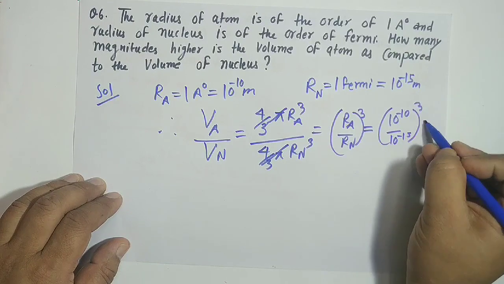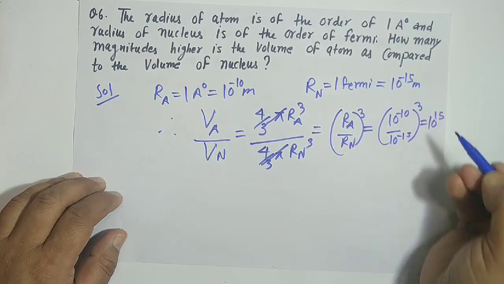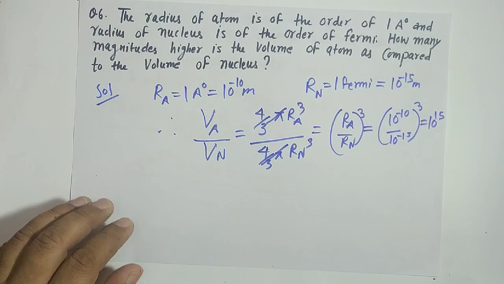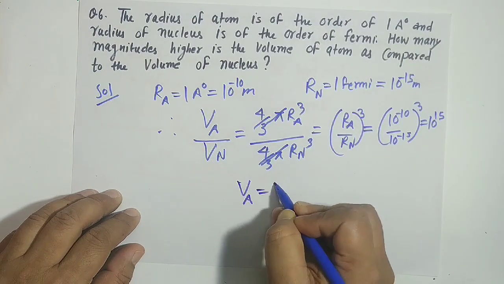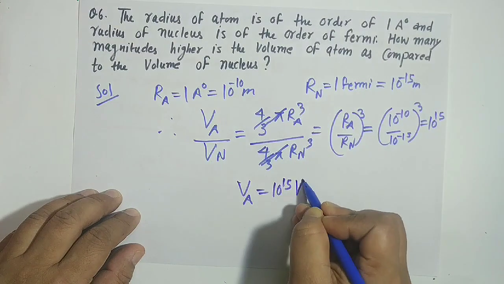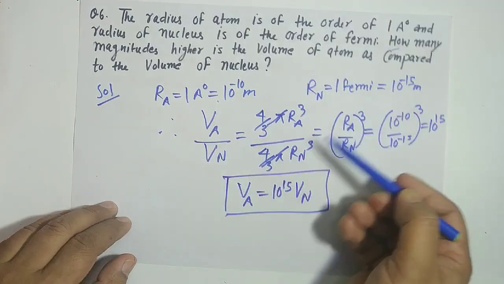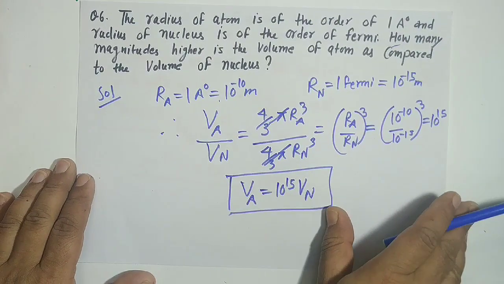Solve it out. It comes 10 to the power 15. So volume of atom is 10 to the power 15 times the volume of nucleus. Very easy. Given the radius, we compare their volumes. So this is question number 6.